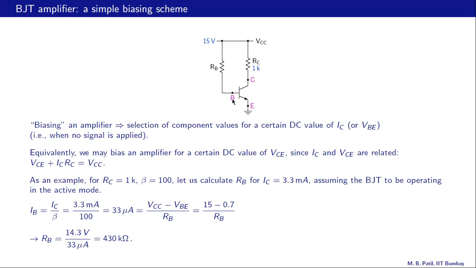VB is about 0.7. So this is a P region, and the P region is at 0.7 volts. The N region is at 12 volts or thereabouts. Therefore definitely this base collector junction is reverse biased, and the transistor is indeed operating in the active region.